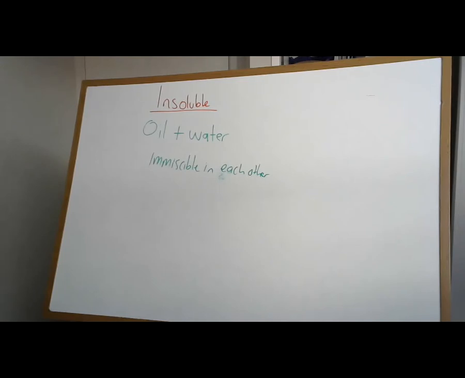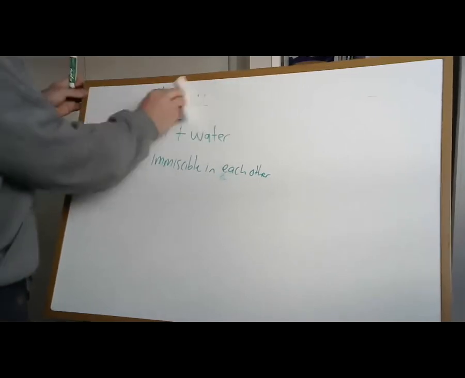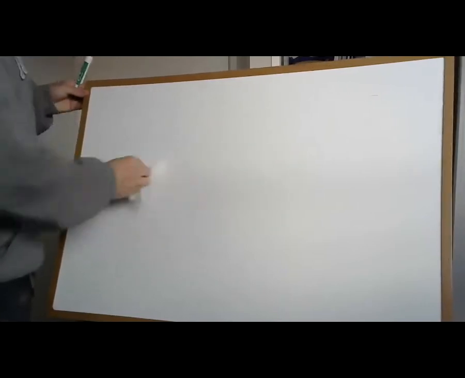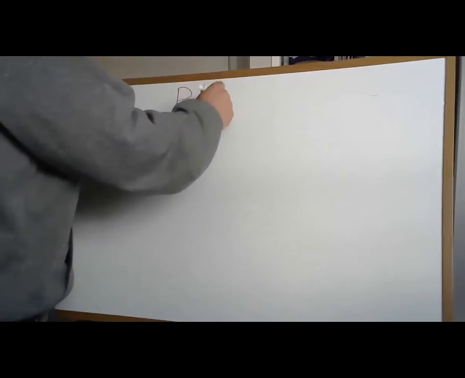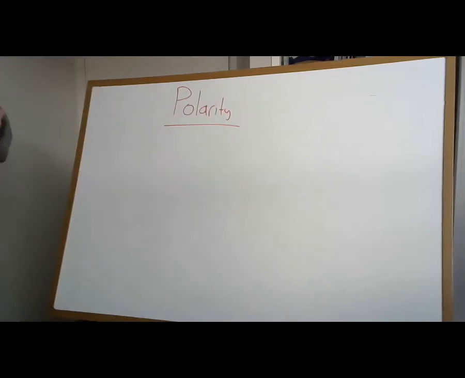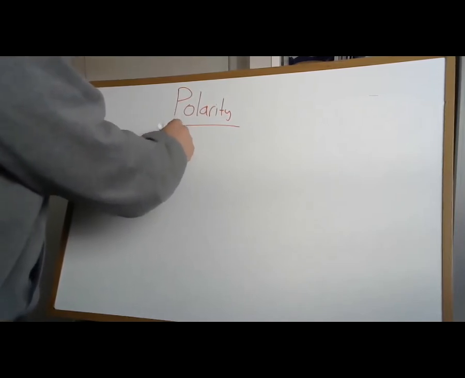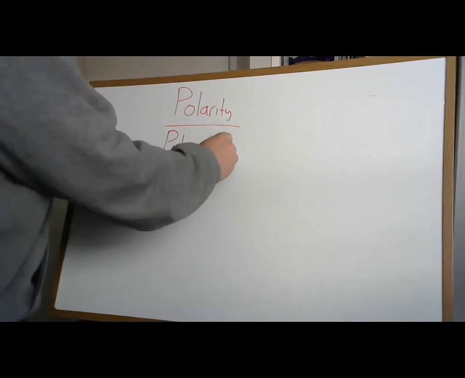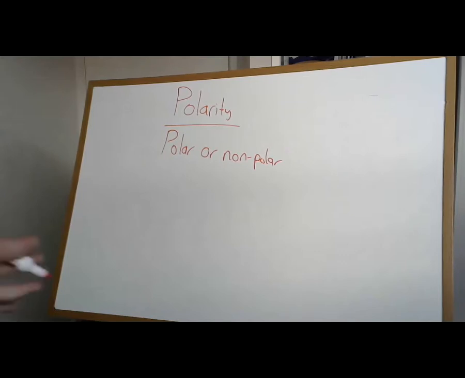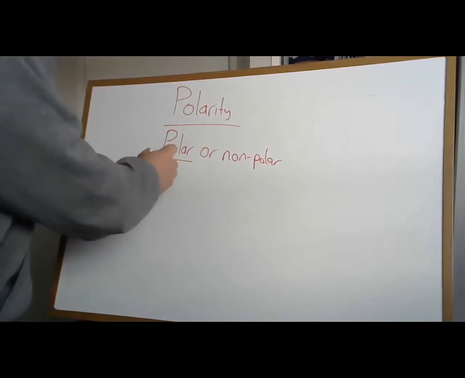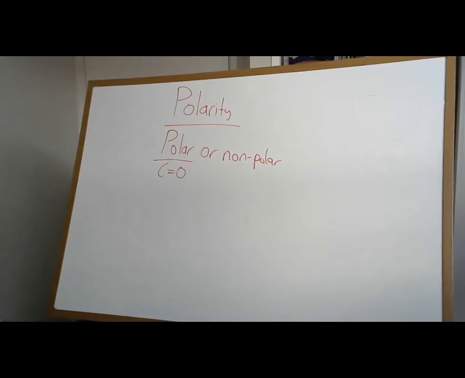So, when we're looking at solubility, we need to look at the polarity. Is it a polar or non-polar bond? If you see carbon bound to oxygen, then you know it's polar.